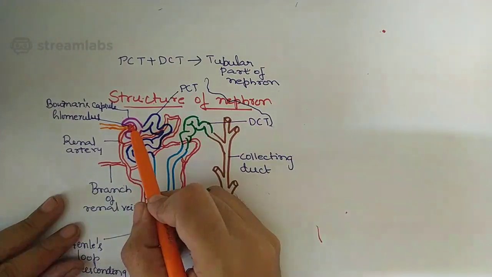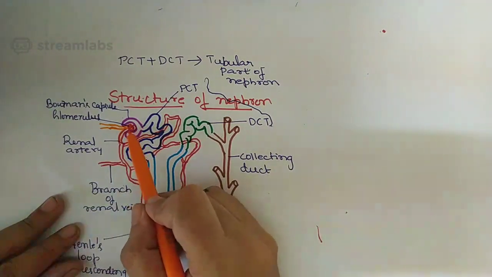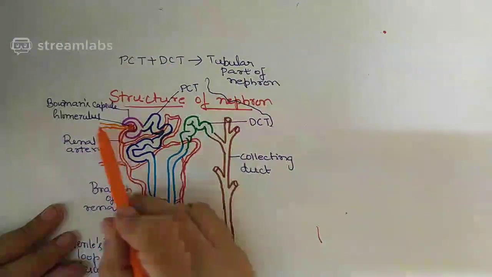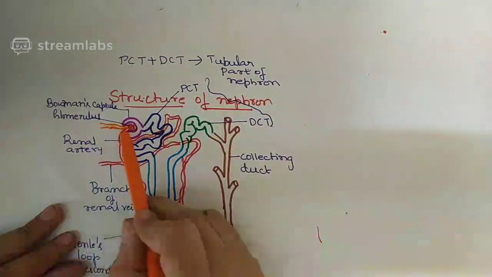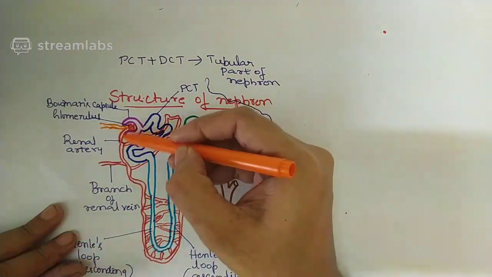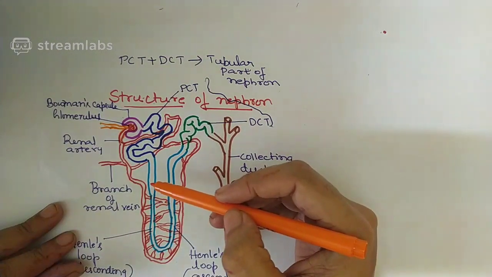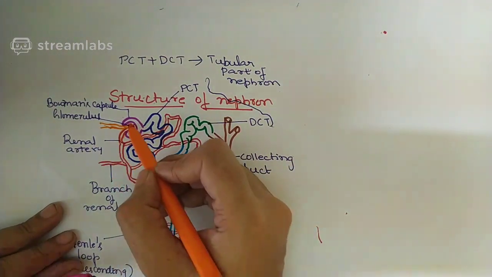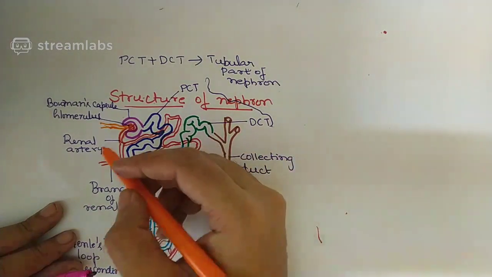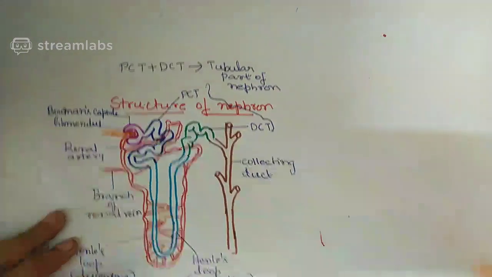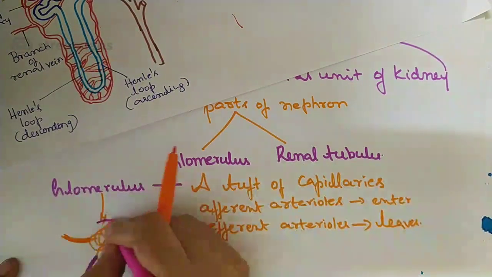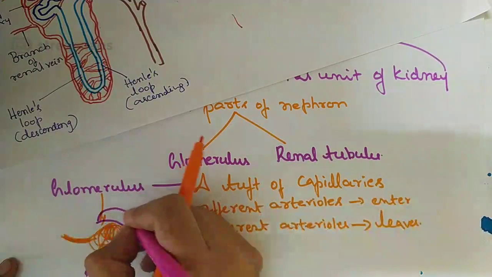It is a tuft of capillaries. One arteriole is entering here, and the other one is leaving. And this tuft of capillaries is placed inside a cup shaped structure.